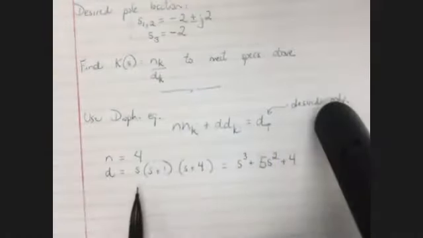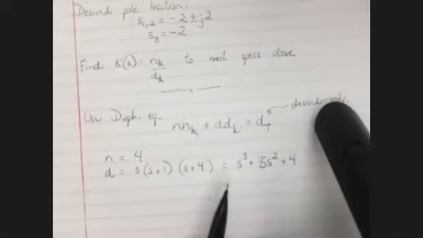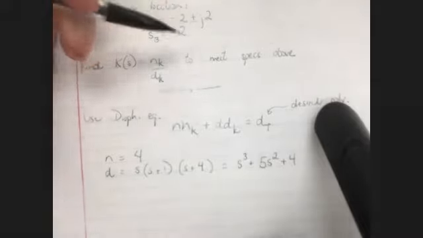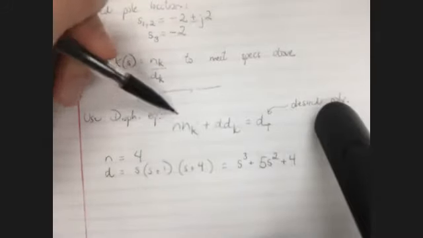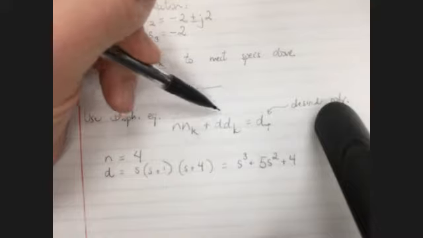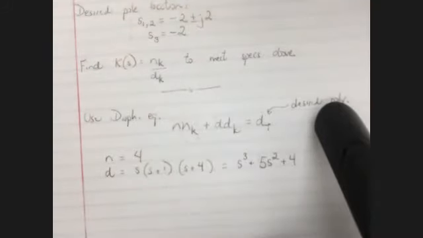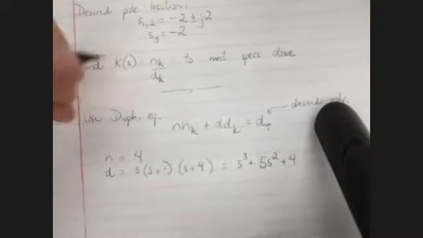You can just double check that this matches with that. So again, N we figured out, D we figured out. That is fantastic, that's a good start.